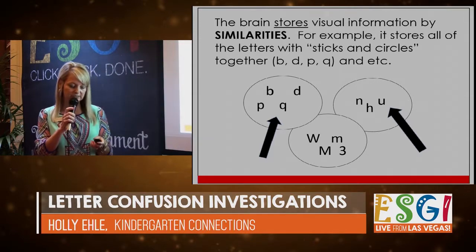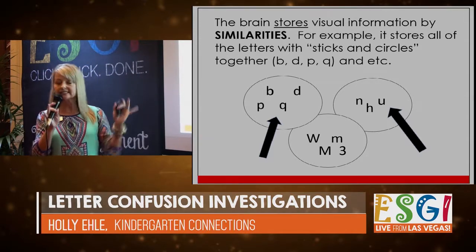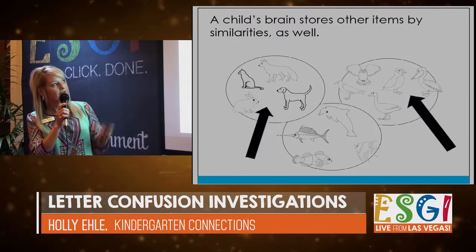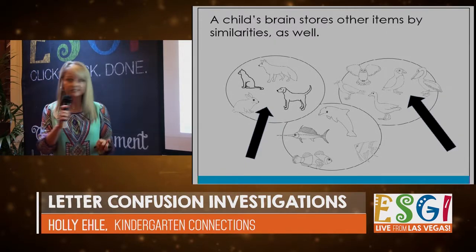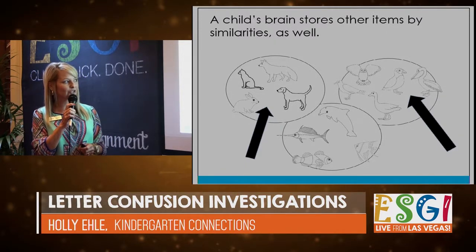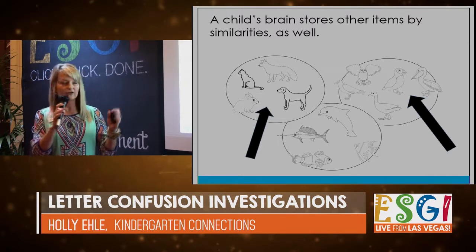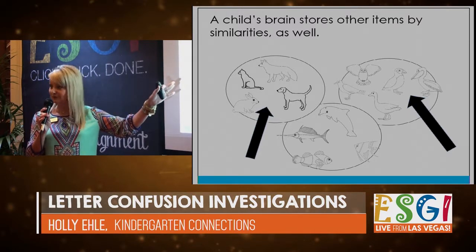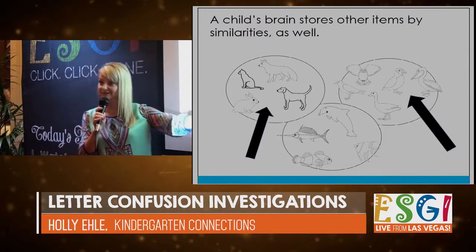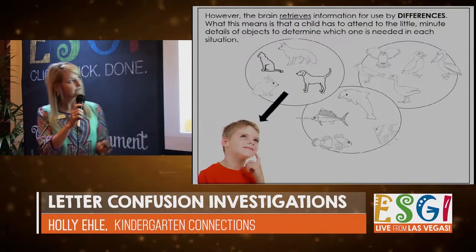That's how the brain stores information, things that look visually similar. The brain also stores other types of information this way. For example, when kids start learning about animals, they categorize perhaps furry animals with 4 legs together, or animals that live in the water, and on and on.